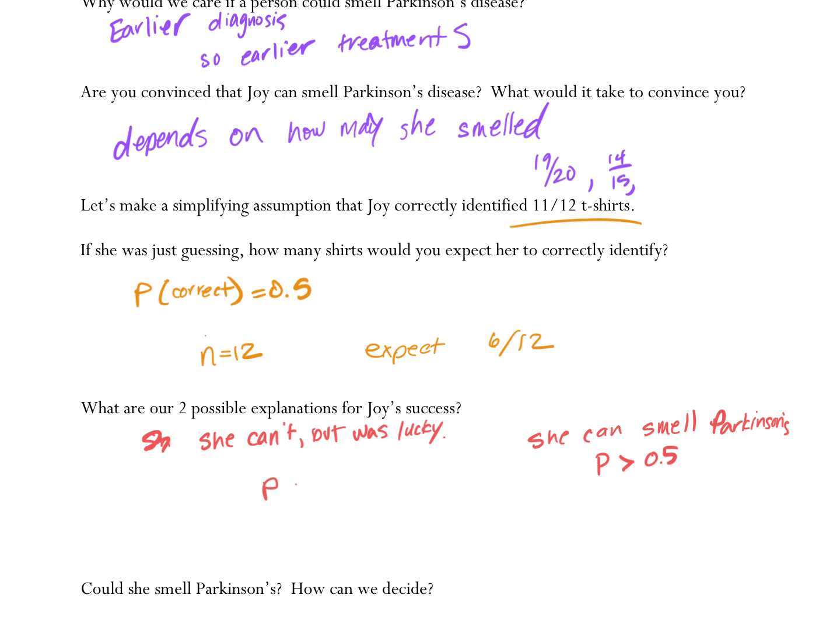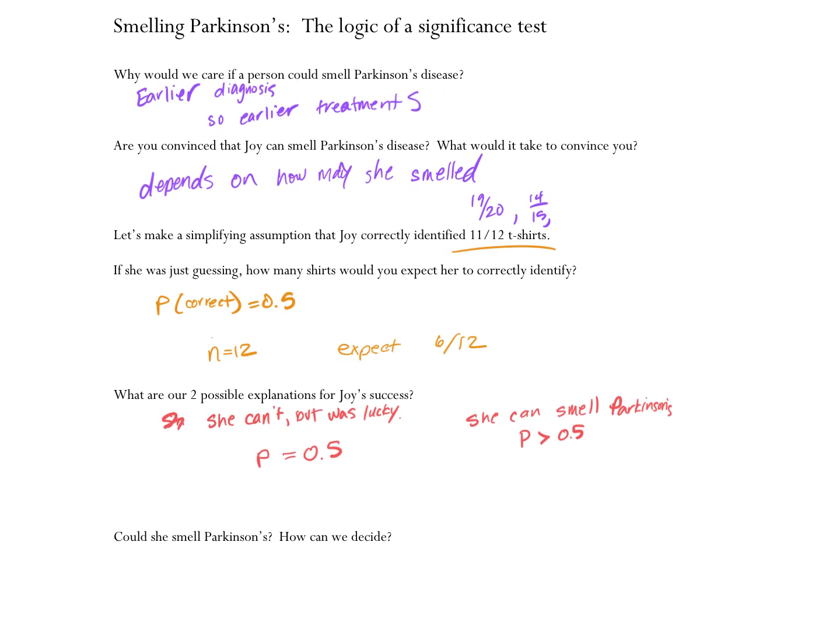It's equal to or less than 0.5. Really, if she's just guessing, it's 50% still, right? Okay. All right. And from looking around, just now when we asked, feels like some of you are convinced at 11 out of 12 correct, and some of you are not convinced at 11 out of 12 correct, right? So how do we decide?